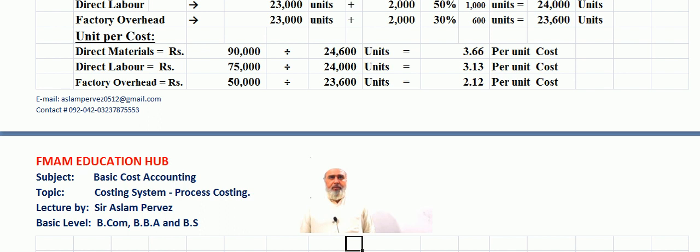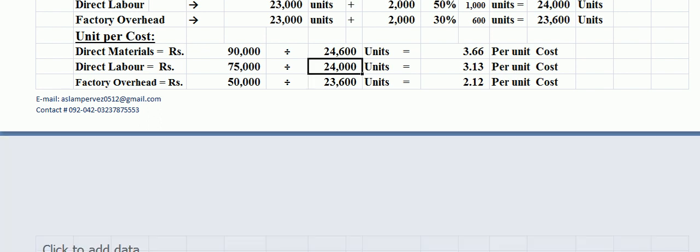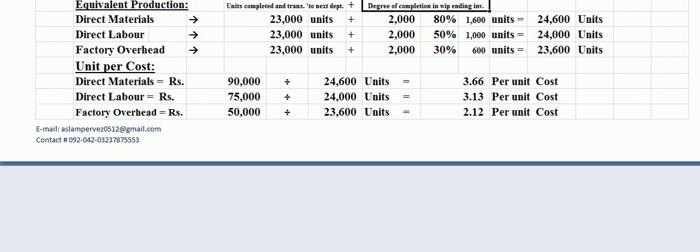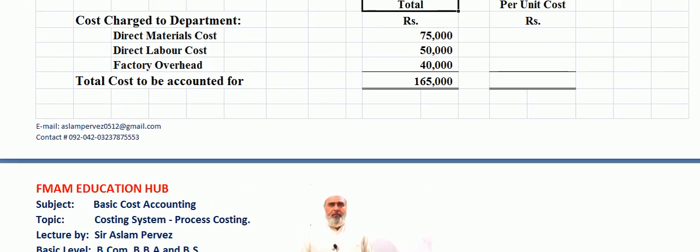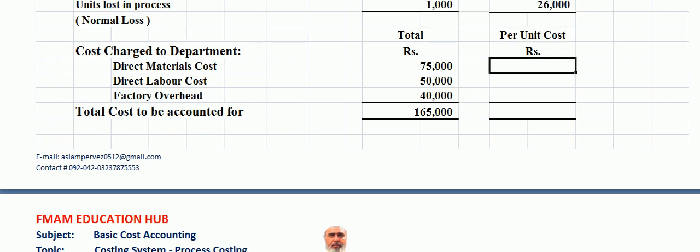Now we put these per unit costs in the second section, the column of per unit cost. Then we will move that section. This is the column of per unit cost here.